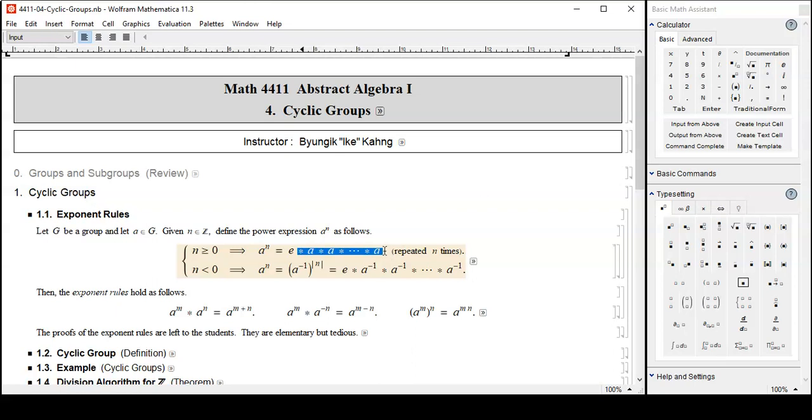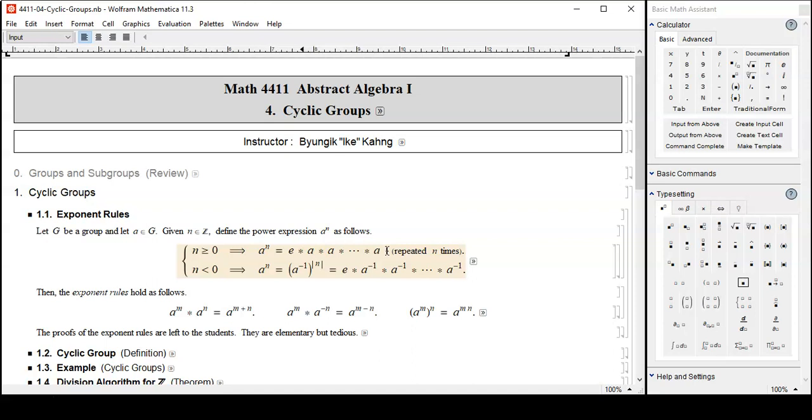If n is 1, then a is applied only once, so e times a, so we have a. If n is 2, then applied twice, e times a times a. So we have a squared expression, and so on and so forth, and that's repeated n times. That's a to the n power. That works for n greater than or equal to 0.